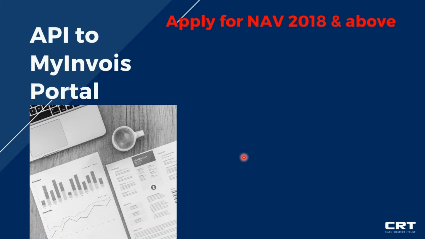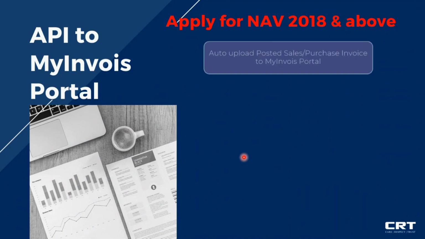The following applies for the version of 2018 and above. This is referring to BC, Business Central, no matter if you are on cloud or on-prem, it will be the same.